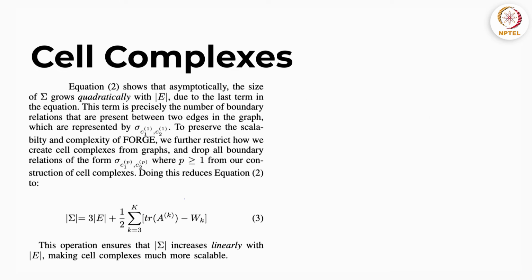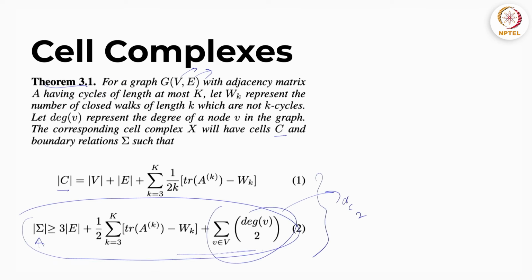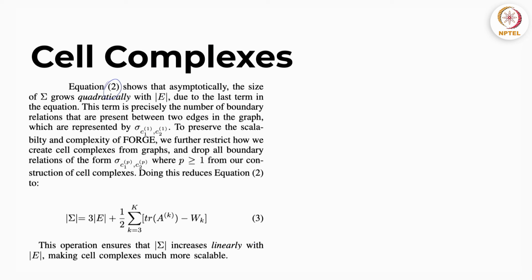So again, we go back to equation 2, this one. As I said, the last term is what is actually the problem, because the last term is a combination term which scales quadratically, as we saw. This term represents the boundary relations that are of this form.